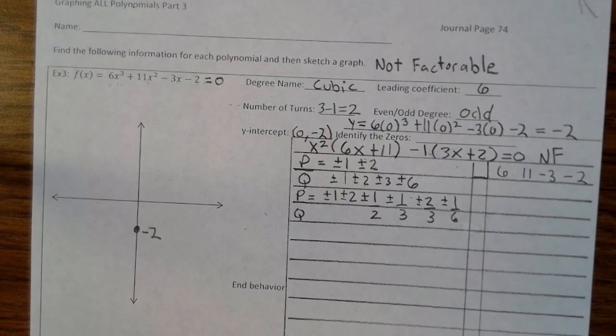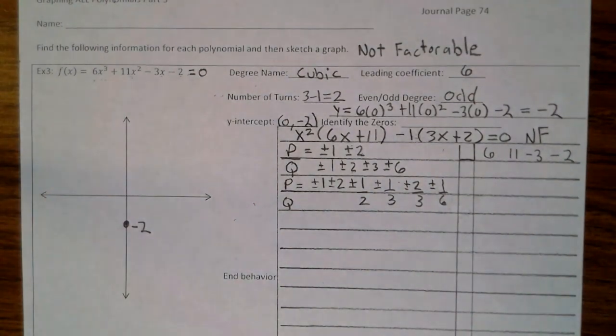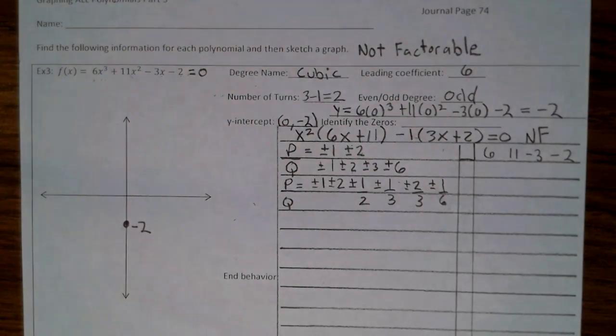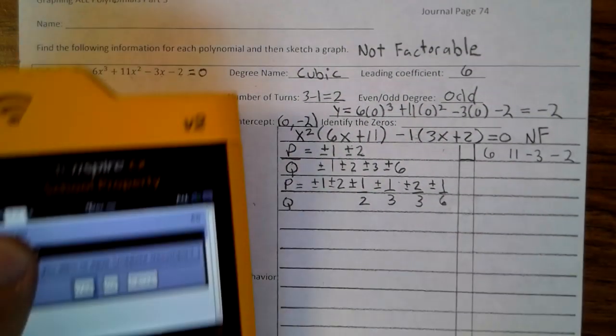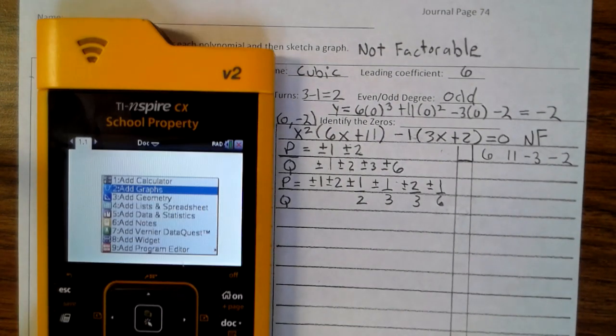Okay, now to save us some time, let's go ahead and graph this and find one of the zeros. Pause. I had to grab a calculator. All right, so we're going to go to new document, add graph, and let's graph this.